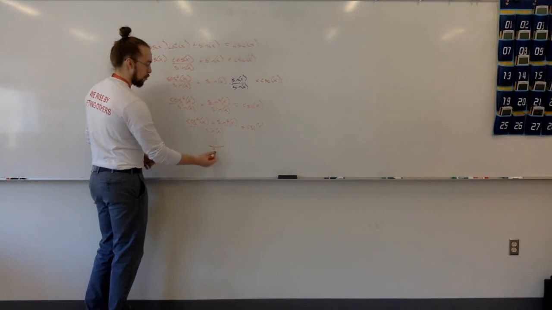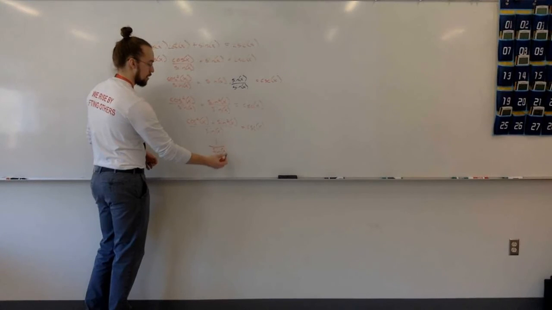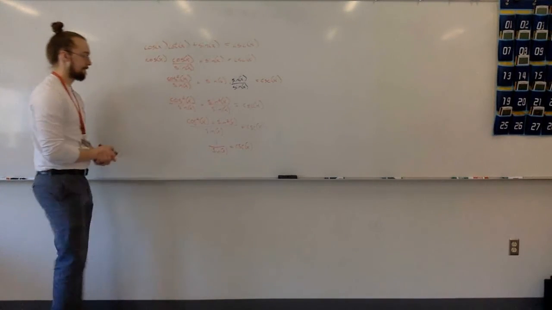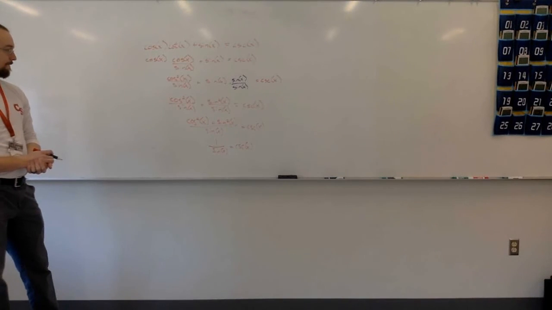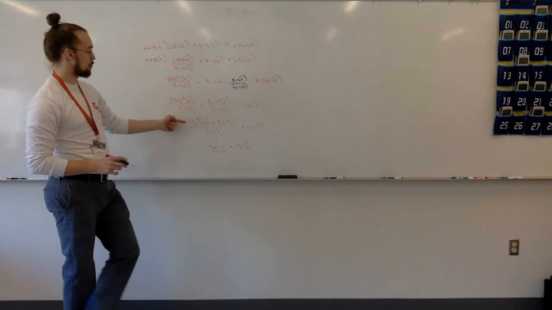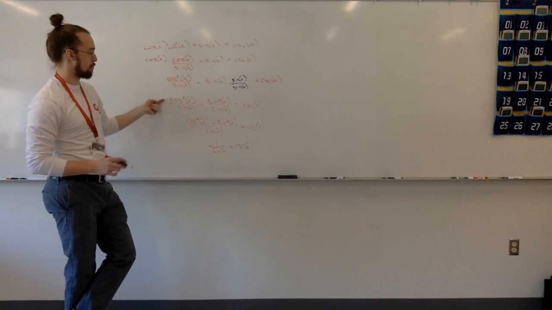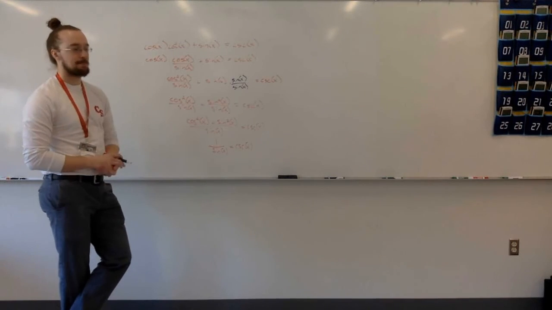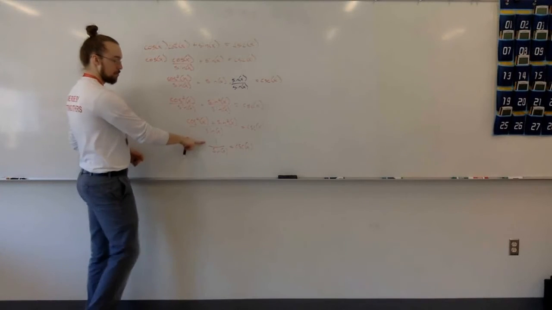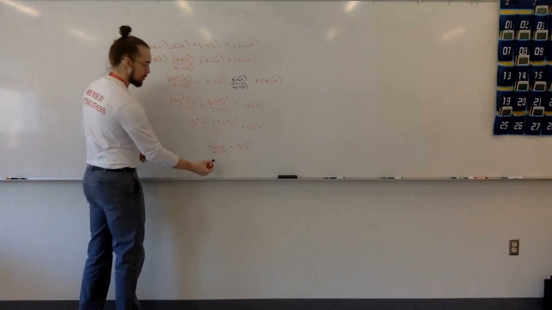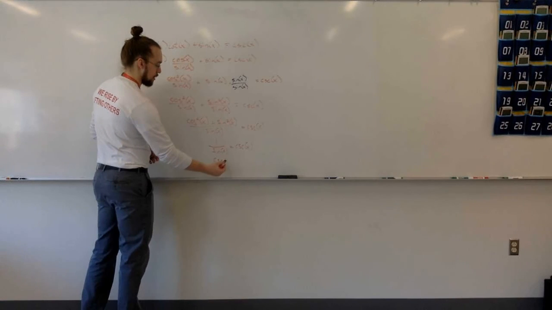So we end up with 1 over sine. So if we would just be going back to here if we divided both terms by sine. Then we know one of our reciprocal identities, 1 over sine, is cosecant.